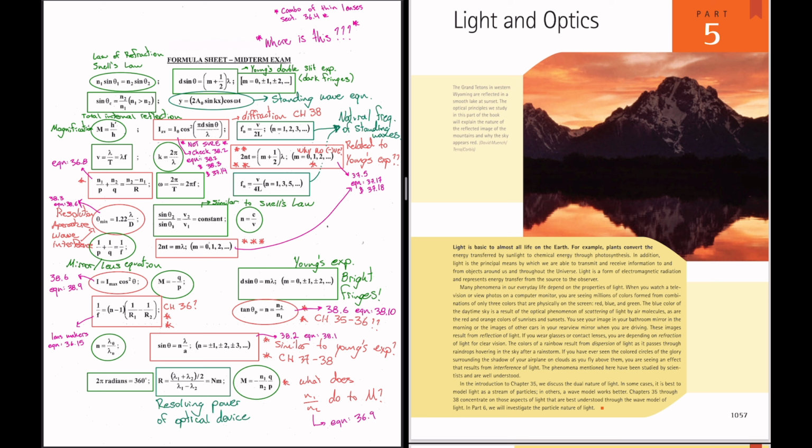So there's a couple differences. This cosine squared equation appears right here, equation 38.9. But equations 38.2 and 38.3 look very similar to this equation and this equation as well. But the first time they introduced this one is in 37.14.